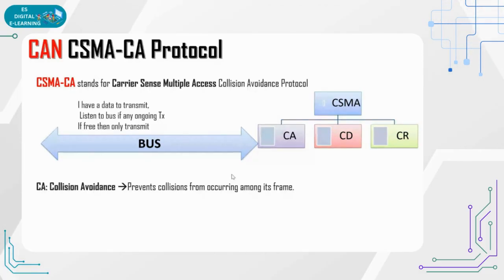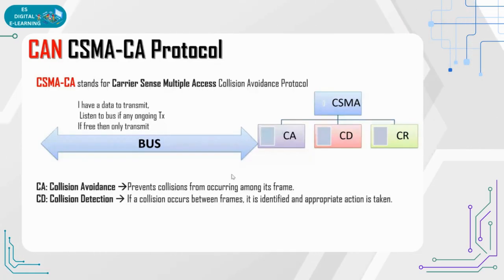You can write down collision avoidance, CA: it prevents collision from occurring among its frames. And coming to CD, collision detection: if a collision occurs between the frames, it is identified and appropriate action is taken.